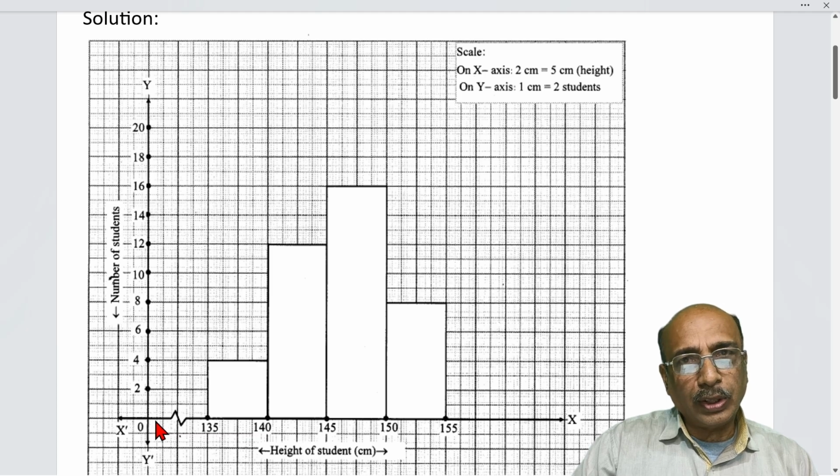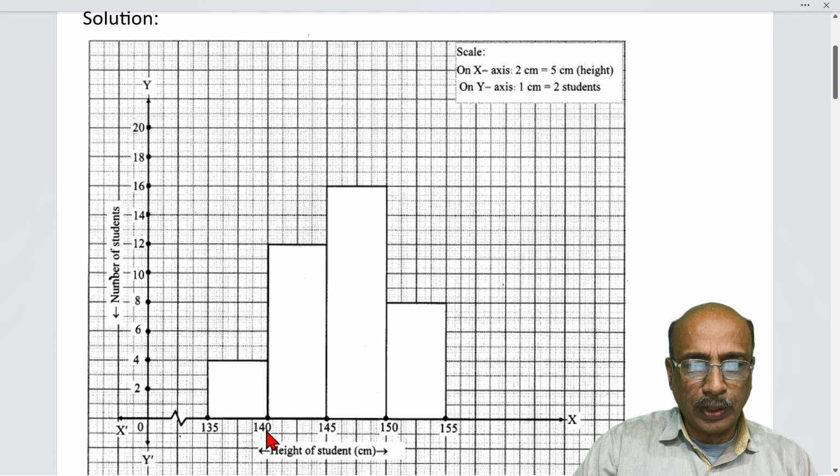As you draw the graph, you have to start with the classes 135 to 140, 140 to 145, 145 to 150, 150 to 155. Then whatever frequency of that class is there, we take that. For class 135 to 140 it is 4, class 140 to 145 is 12, 145 to 150 is 16, and 150 to 155 is 8.